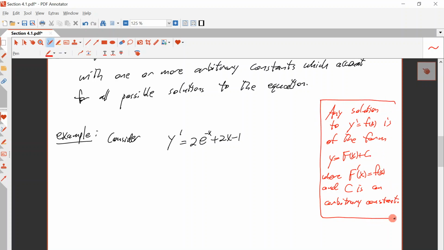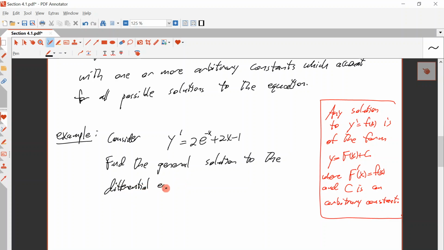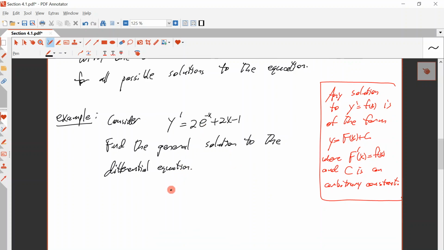So that's exactly the situation we have right here. Consider this differential equation, y prime is little f of x. Find the general solution to the equation. We're just going to take the antiderivative of that.